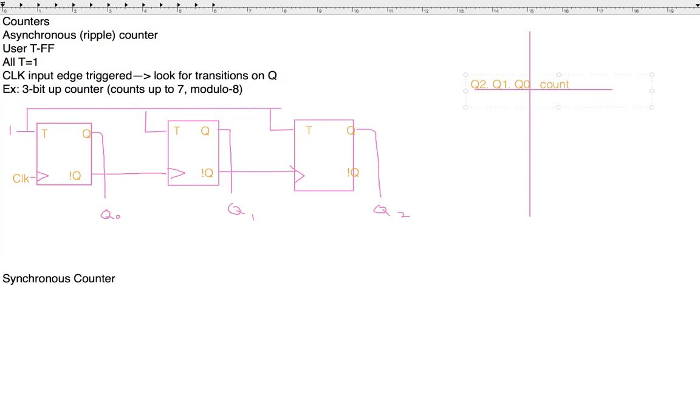If we are counting up, it starts at 0, 0, 0, which represents 0. Then 0, 0, 1 is 1. 0, 1, 0 is 2. 0, 1, 1 is 3. 1, 0, 0 is 4. 1, 0, 1 is 5. 1, 1, 0 is 6. 1, 1, 1 is 7.